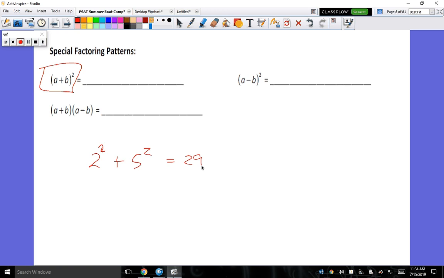You understand? Does a difference of squares exist? Yeah, a difference of squares does exist. And a difference of squares looks like this. You with me? Can y'all help me out?